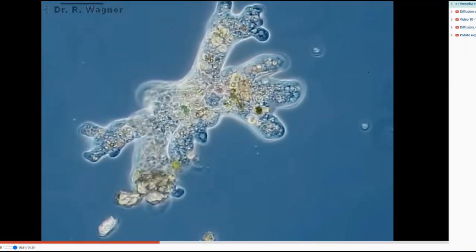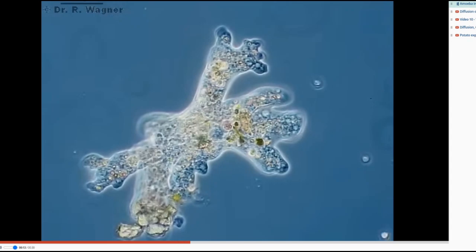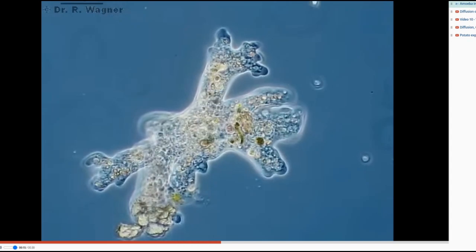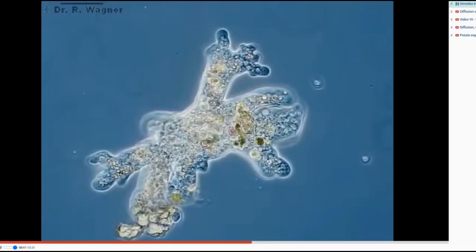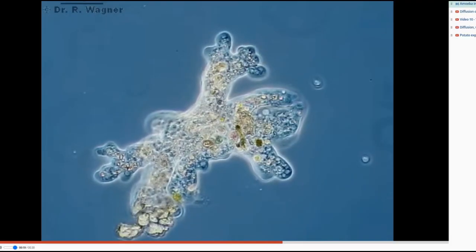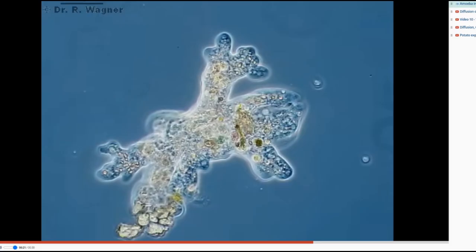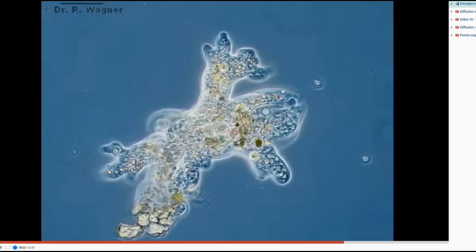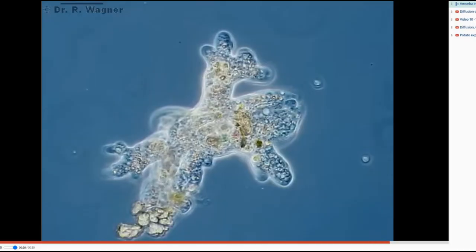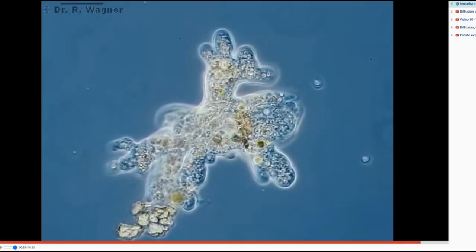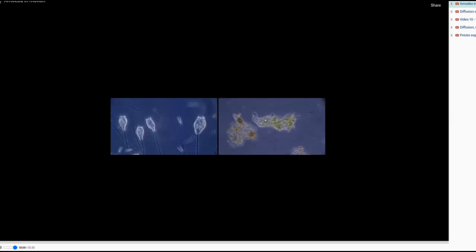So you can see that the cytoplasm inside is literally moving. It looks kind of grainy, like pebbles inside, but we can see how the amoeba changes shape. It's not going to have a fixed shape because of these pseudopods. So let me just play it again.